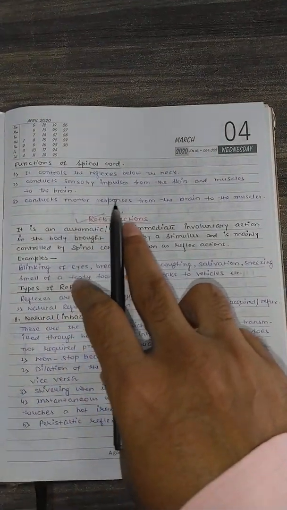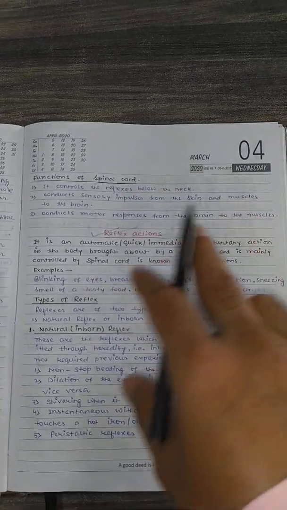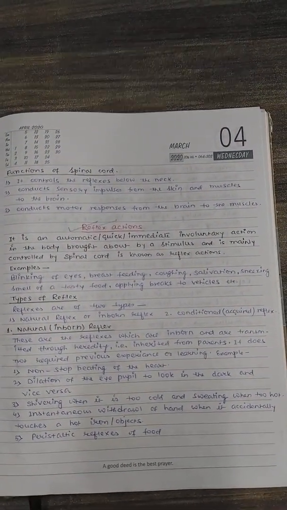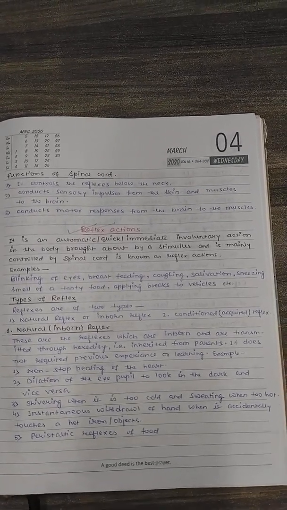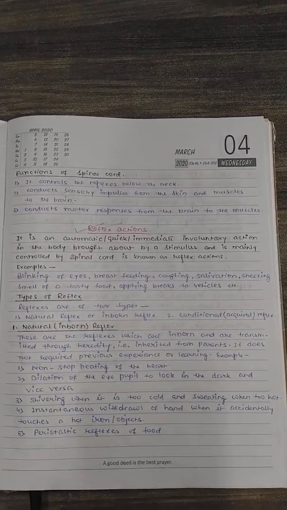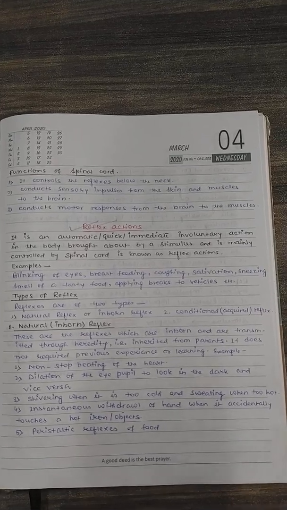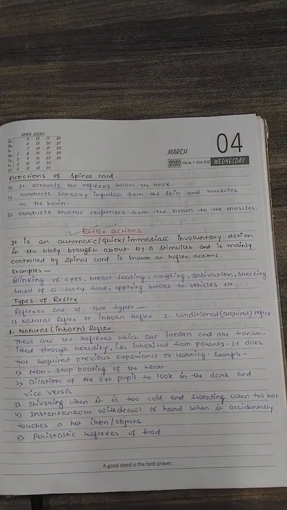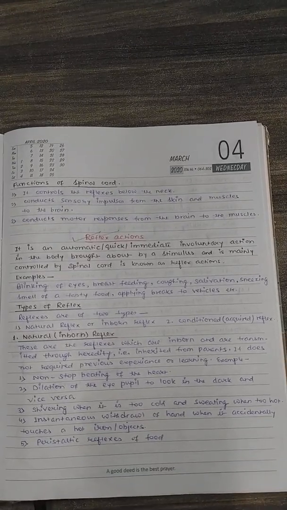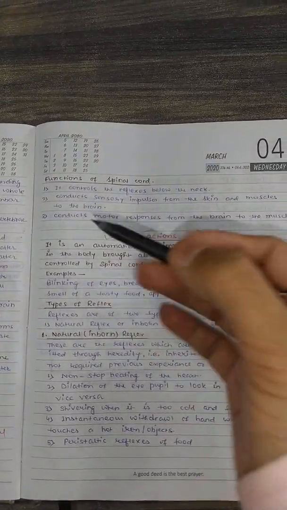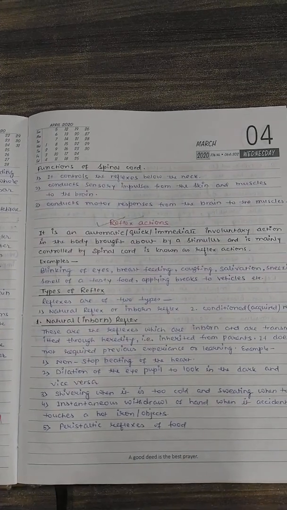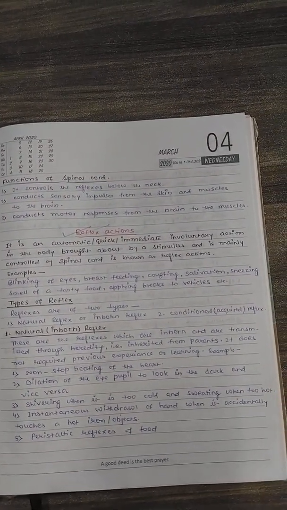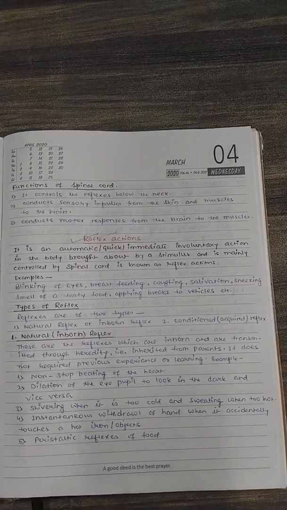The spinal cord also conducts sensory impulses from the skin and the muscles to the brain. That means it is the mediator between the skin and the brain. And the third thing is that it conducts motor responses from the brain to the muscles. So both the second and third functions, you can call it the mediator between the muscles and the brain.